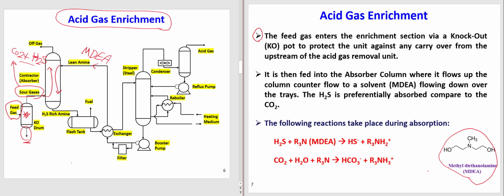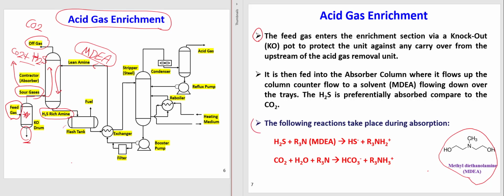They will be in contact in the absorber, and this solvent selectively absorbs H2S, and it doesn't care about CO2. So at the top you have a stream that is majority CO2. At the bottom you have an amine solvent that is rich in H2S. And this is the chemical reaction that happens in this reactor, how H2S and CO2 are absorbed in this absorber.